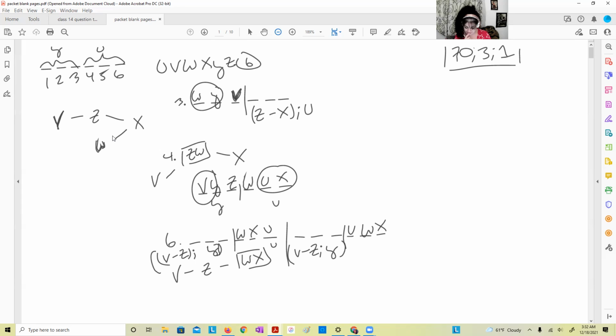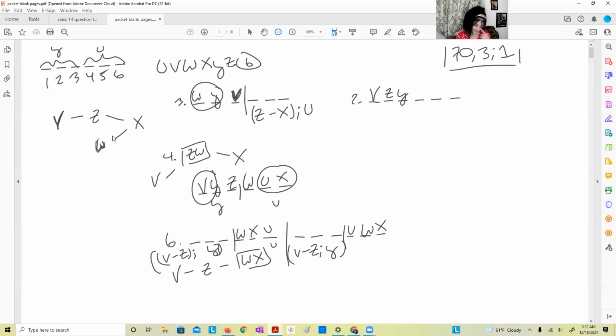I do number 2. If Z performs earlier than Y, what is the earliest that W could perform? Well, if Z is before Y, that means Z would have to be on 2, because Z needs V before it. So if it's before Y, then Y would be on 3.